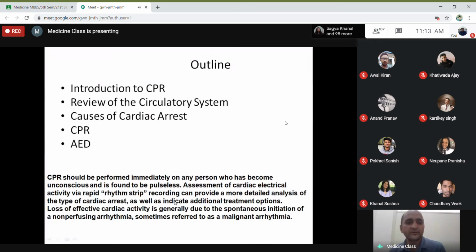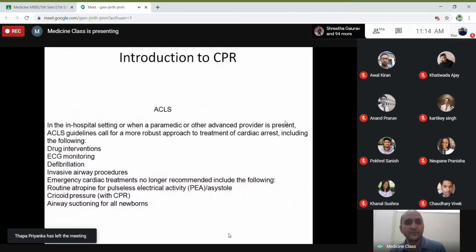Assessment of cardiac electrical activity via rapid rhythm strip recording can provide a more detailed analysis of the type of cardiac arrest, as well as indicate additional treatment options. Loss of effective cardiac activity is generally due to the spontaneous initiation of a non-perfusing arrhythmia, sometimes referred to as a malignant arrhythmia.